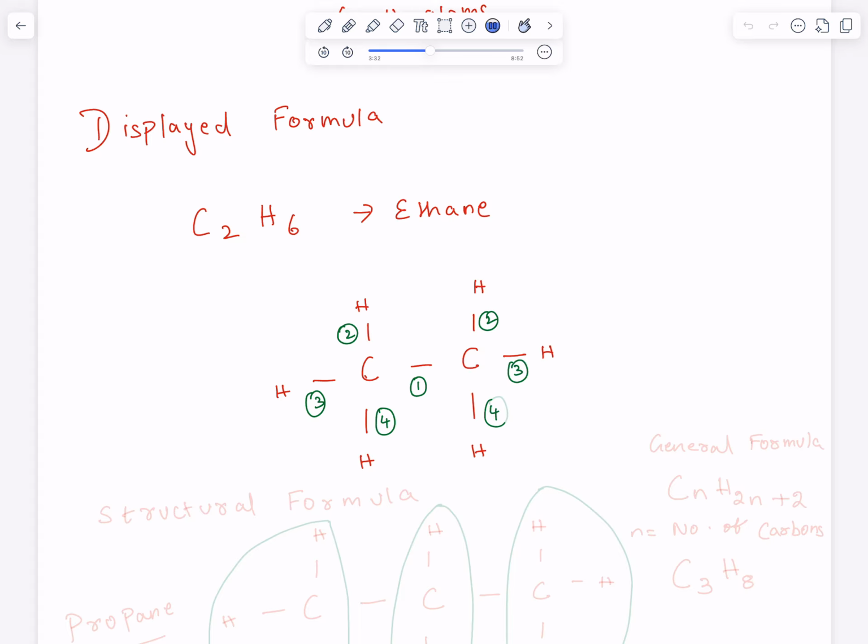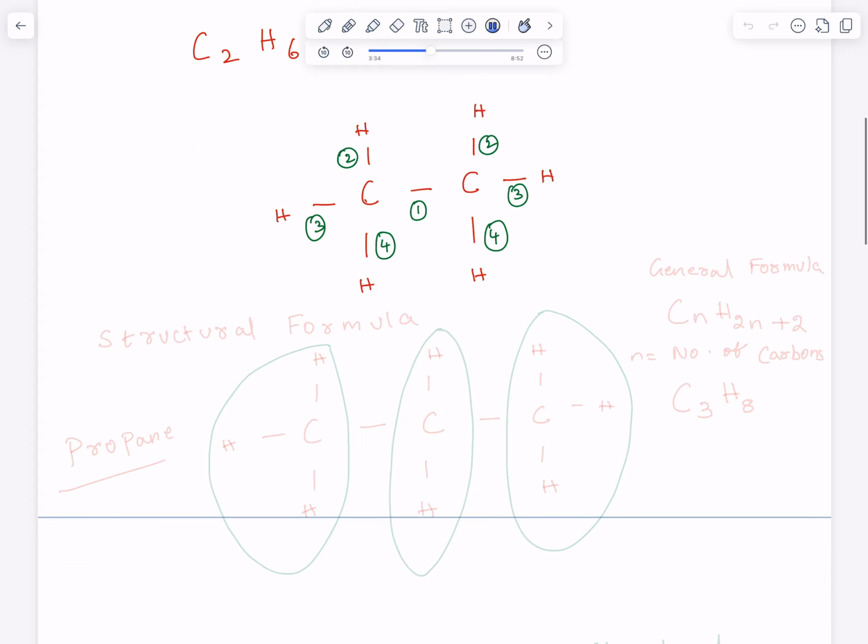In that way, you're very sure that you're drawing the correct displayed formula. Each line represents a covalent bond, a shared pair of electrons. And once again, at the cost of sounding repetitive, always show all 4 bonds for each carbon atom. So that's a displayed formula.